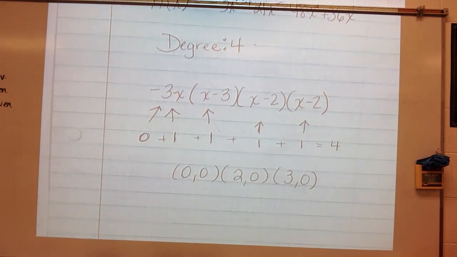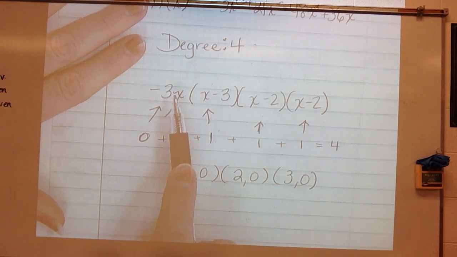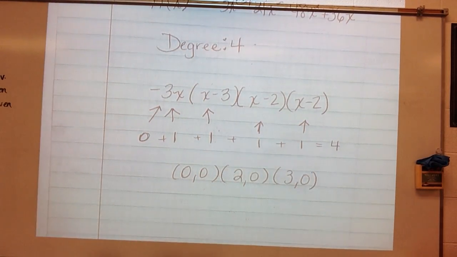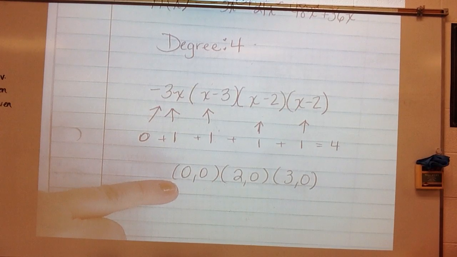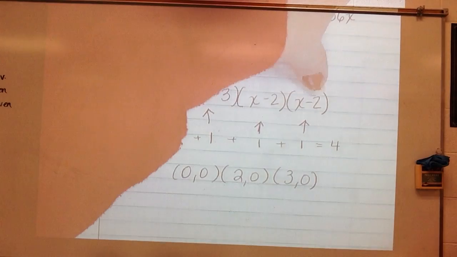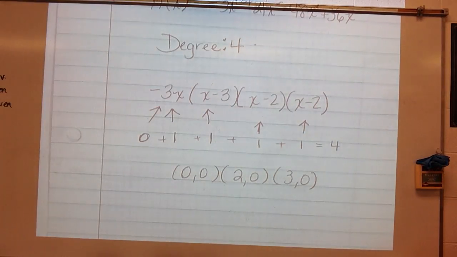There are 4 factors, but only 3 x-intercepts. Why is that? Well, look, I have 1, 2, 3, 4 factors, but only 3 x-intercepts. The reason is that 2 of them are the same, so we do not rewrite them.